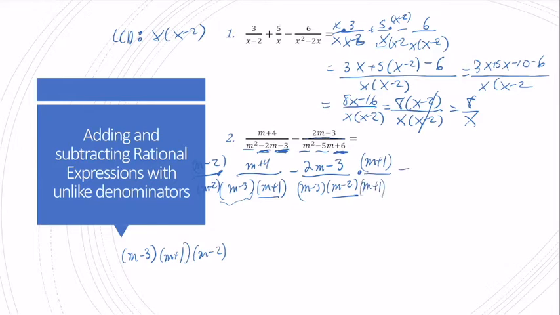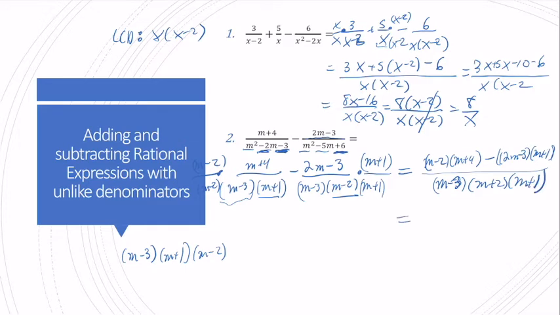That's going to give me (m - 2) times (m + 4) minus (2m - 3) times (m + 1), all over (m - 3)(m - 2)(m + 1).